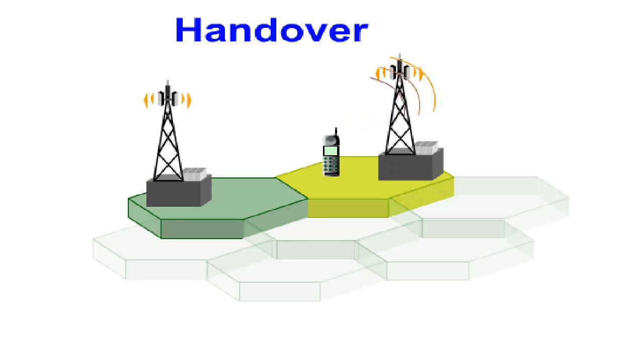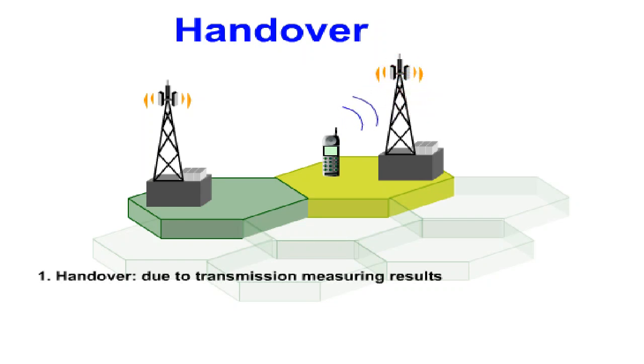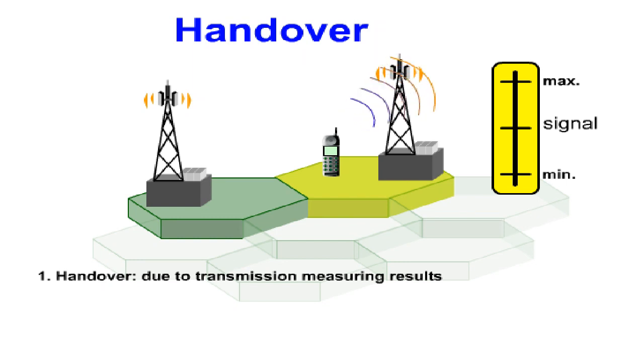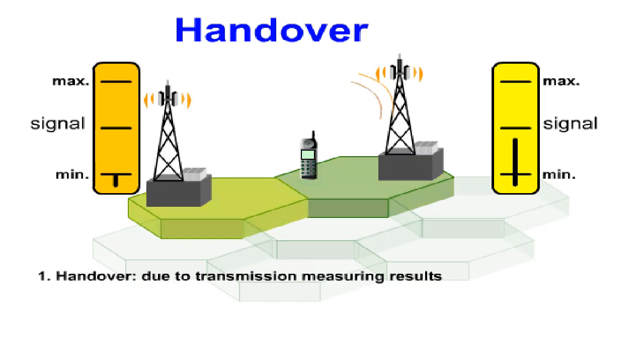Handovers occur in the following cases. A handover due to transmission measuring results occurs when the signal strength or its quality is too low, or the distance from the mobile station to the BTS is too great. The call is then transferred to a neighbouring cell.